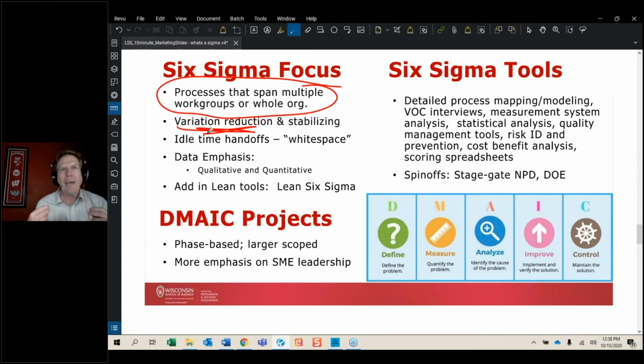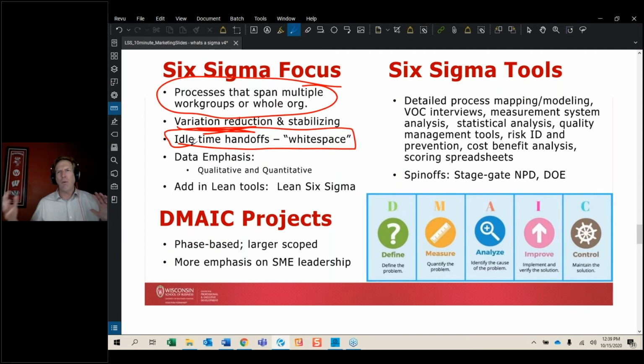But I'm telling you, as of late, where we've seen some of the biggest gains in your Six Sigma style projects have been in transactional and service environments where the focus has been on idle time handoff reduction, or the idle time in between the work done between different groups. I call that idle time white space and white space reduction.